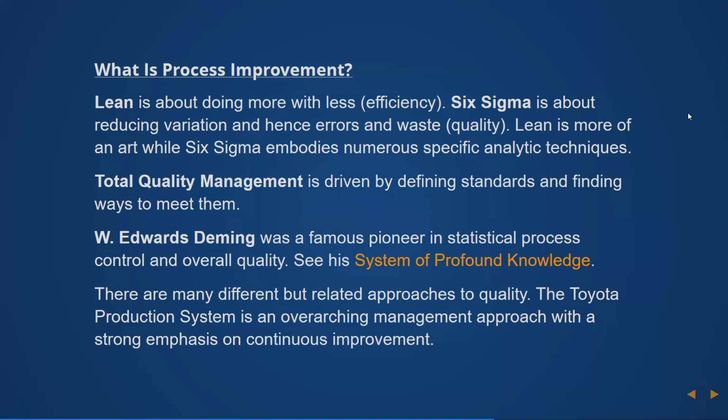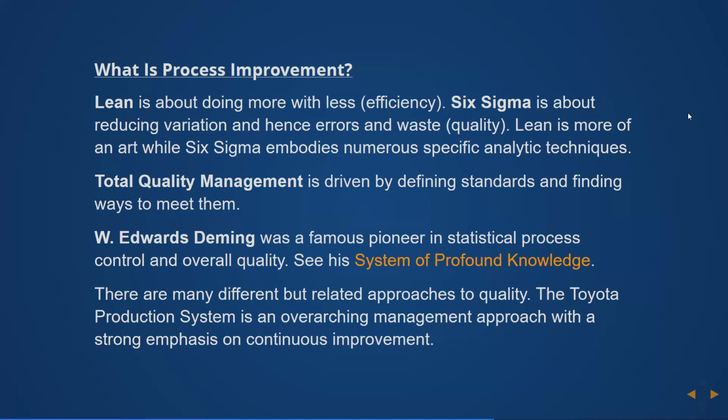You've all heard of W. Edwards Deming. He was a very famous pioneer in quality and statistical control. He lived from 1900 to 1993, had a very long life and career.